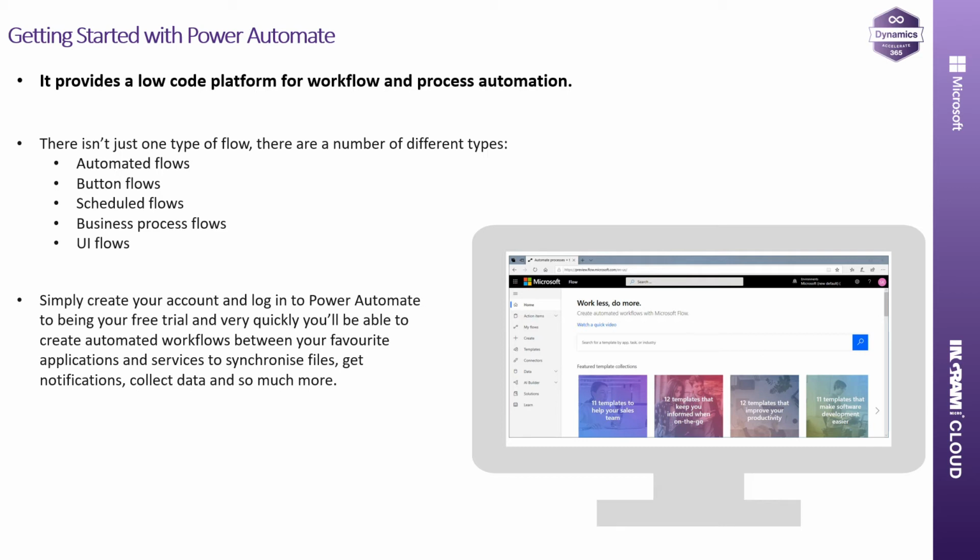Business process flows define a set of steps for people to follow to take them to a desired outcome. And UI flows, currently in preview, record and automate the playback of manual steps of legacy software.